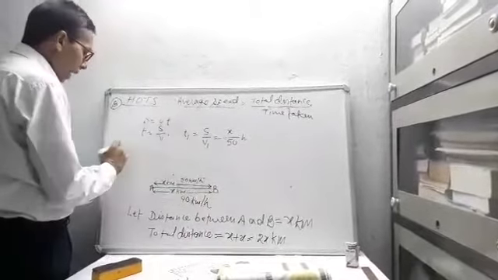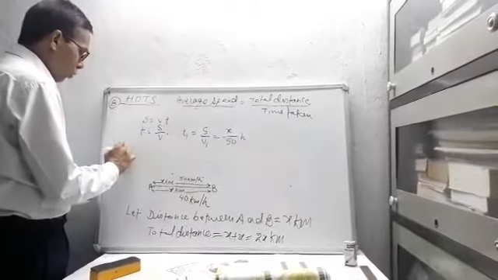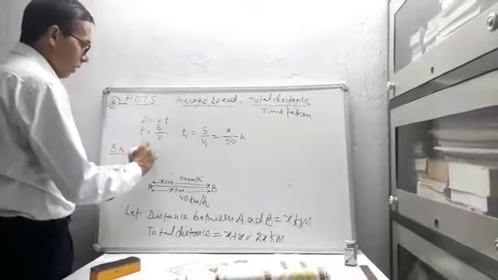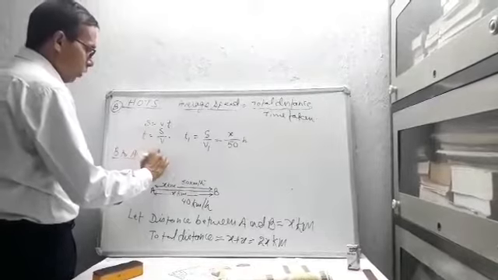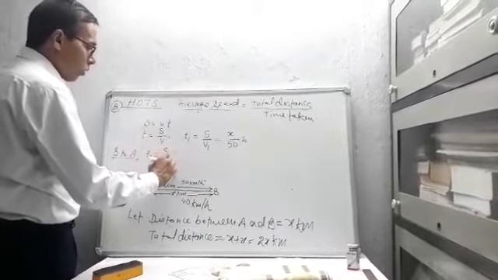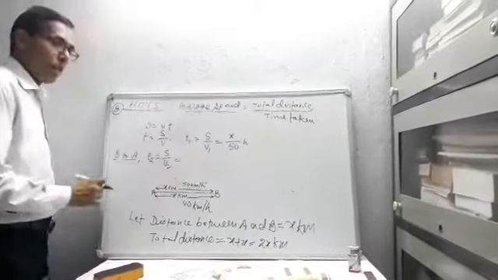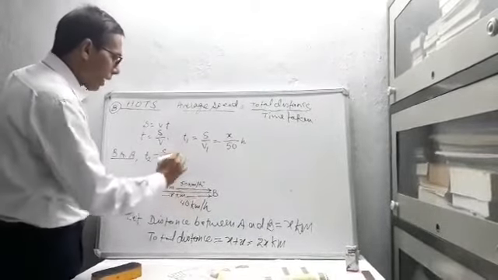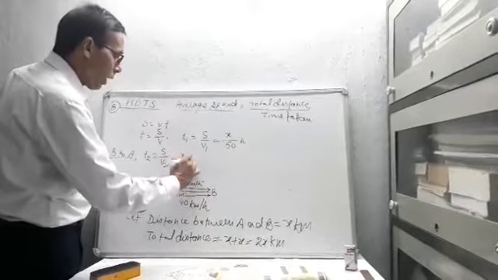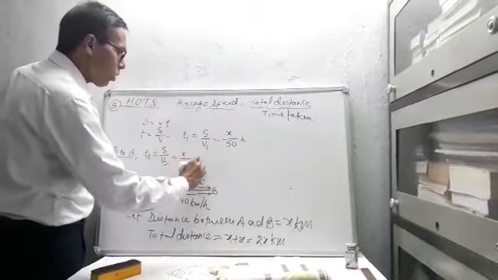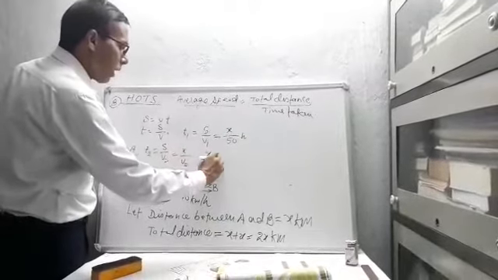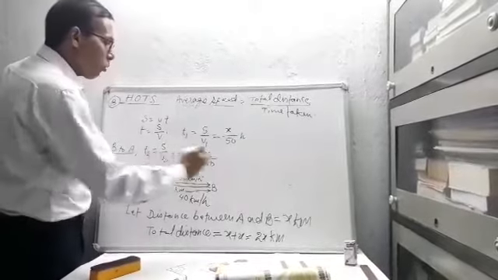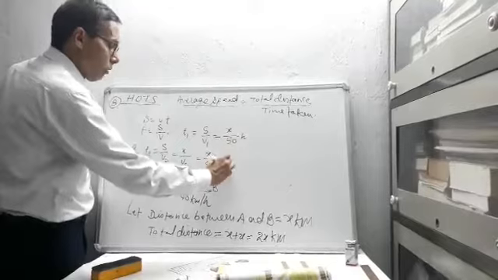So T1 is equal to x by 50 hour. Similarly, on the returning back, that is from B to A, T2 is equal to S by V2. Here the distance from B to A is x, it is constant, so x by V2, which is x by 40. So T2 is equal to x by 40 hours.